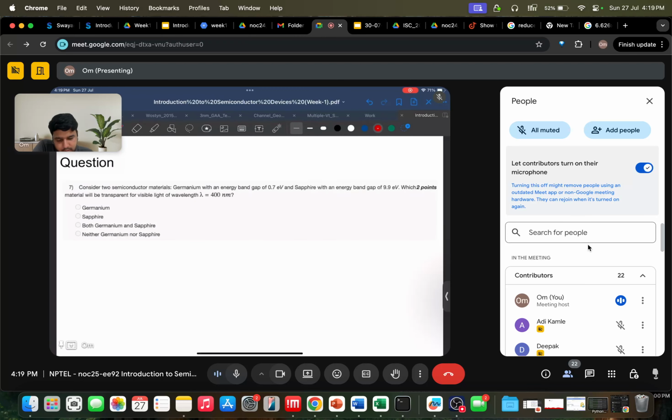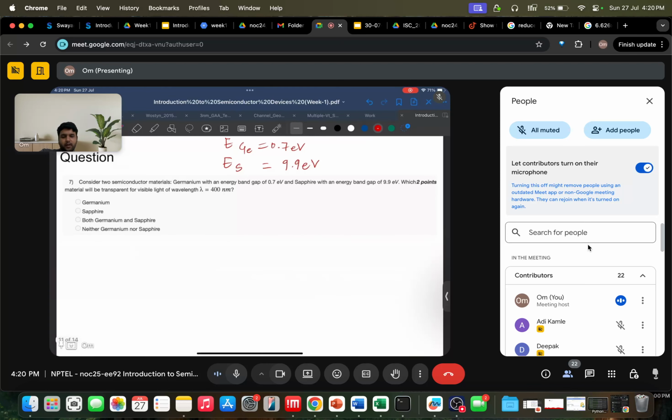So you have germanium's bandgap, 0.7 electron volts, and sapphire's, let me call it ES, is 9.9 electron volt. Which material will be transparent to visible light of wavelength 400 nanometer? Which one will be transparent?